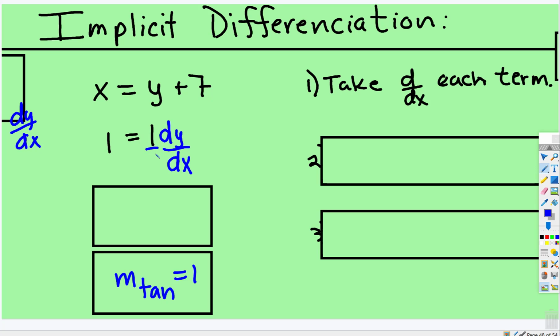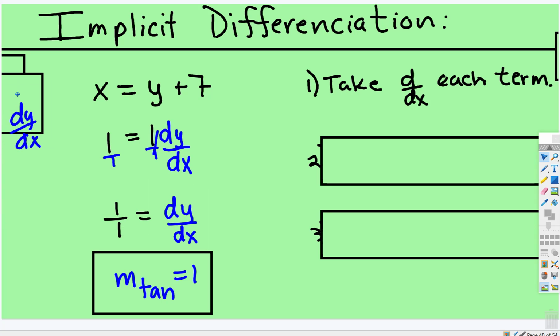And then whatever's attached to dy dx, this time it was 1, so we didn't really have to do that. You're going to divide both sides by the constant coefficient, and then that is how you find the derivative of a non-function.